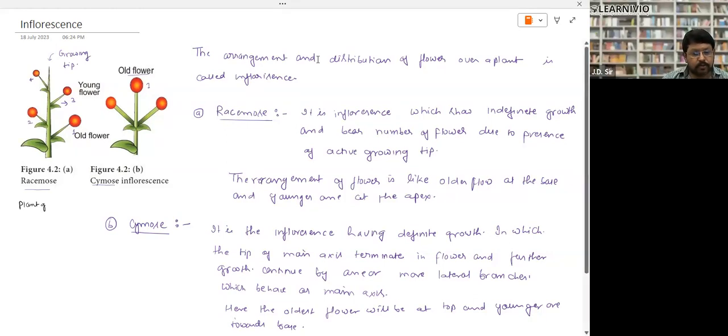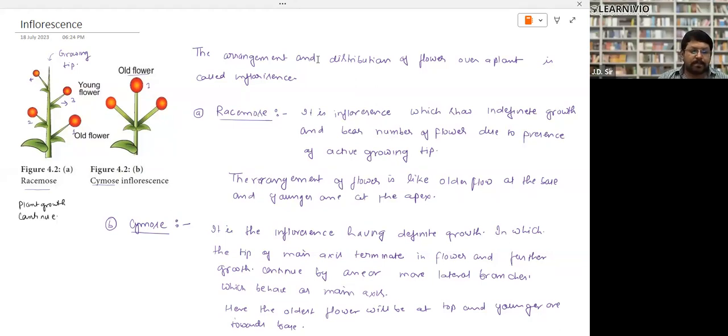Plant growth does not stop. Why? Because at the top the flower does not come. The top is free for growth. The oldest flower will be at the base and the youngest flower at the top, right?